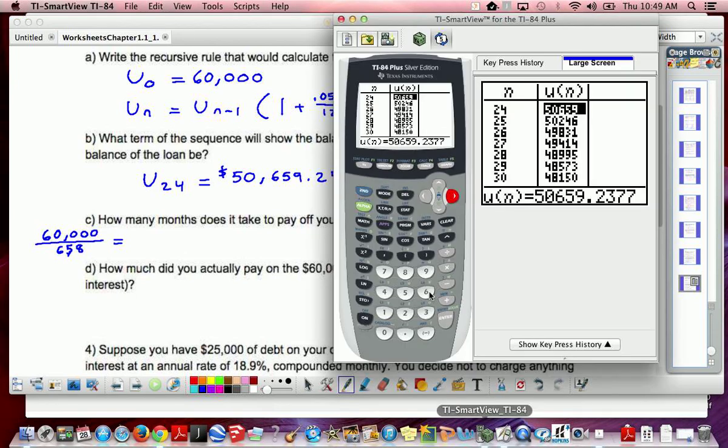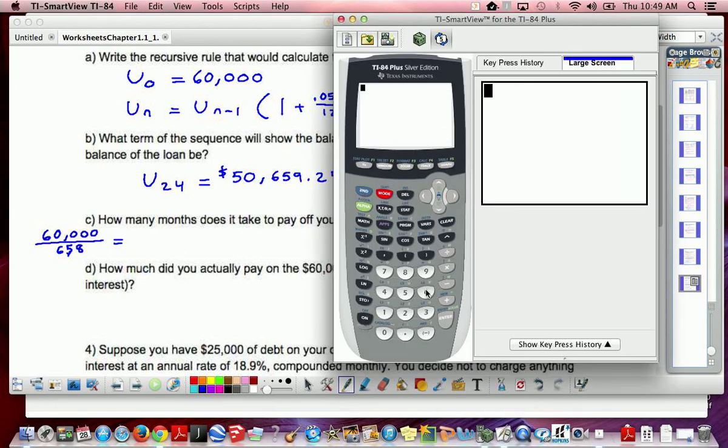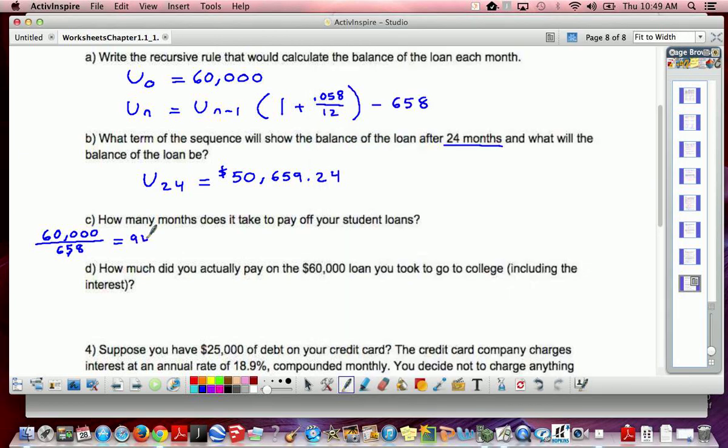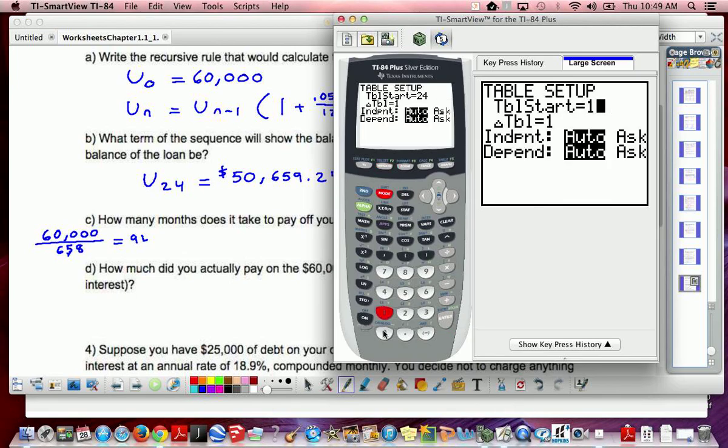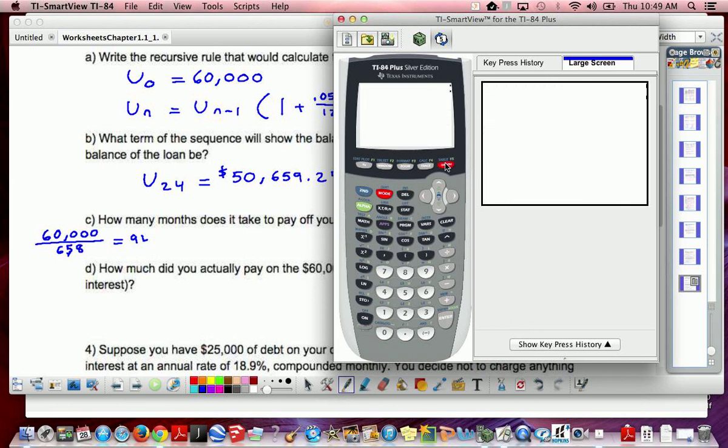So that one's not easy to do right off the top of my head, but 60,000 divided by 658 tells me that I should at least start at maybe minimum 92 months. I'm going to be paying interest for a long time. So when I go to my table set here, I might even start at 100 just to see where it's at.